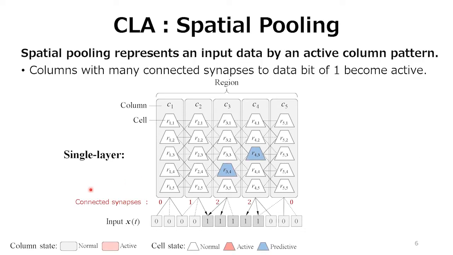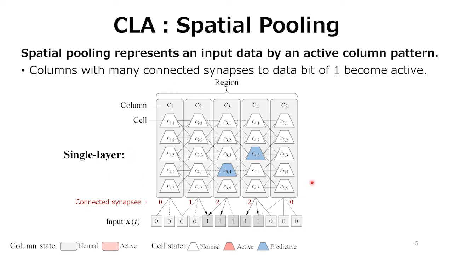In each time step T, spatial pooling represents an input data by an active column pattern. Each column has two states, normal and active. In the spatial pooling, we select active columns from ones with many connected synapses to a data bit of 1.